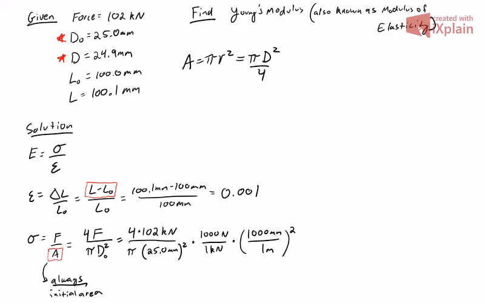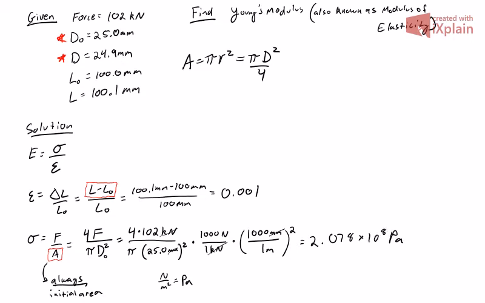So at that point, we'd have kilonewtons canceling kilonewtons, millimeters canceling millimeters, and we would be left with newtons per meter squared. And a newton per meter squared is also known as a Pascal. So we plug all that in, and we get that the stress in the rod is 2.078 times 10 to the 8th pascals.